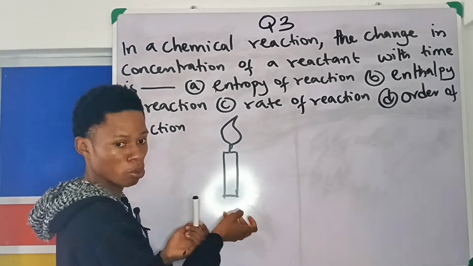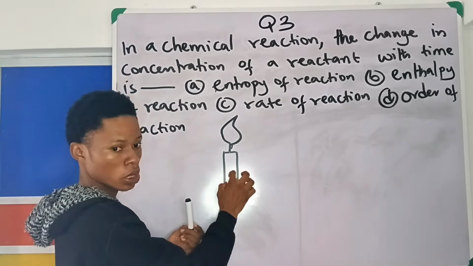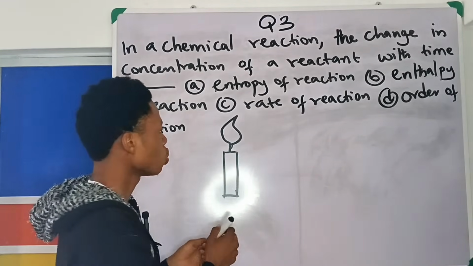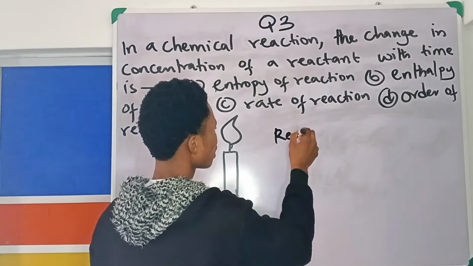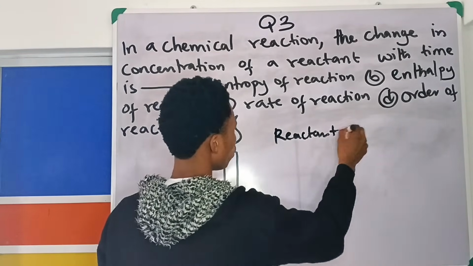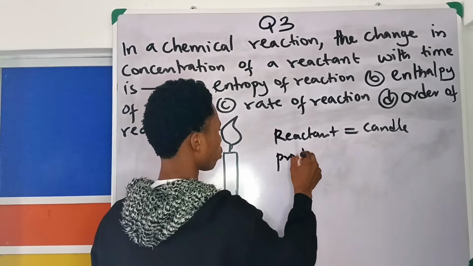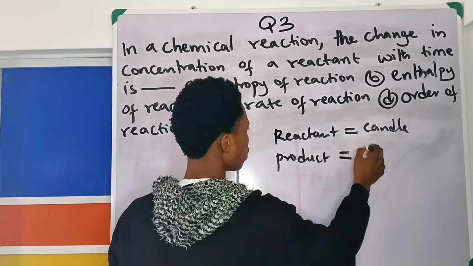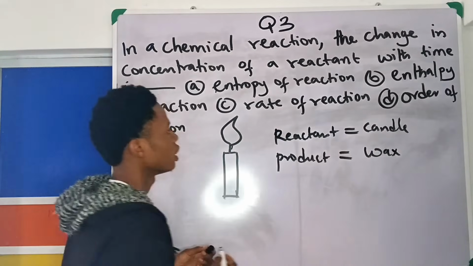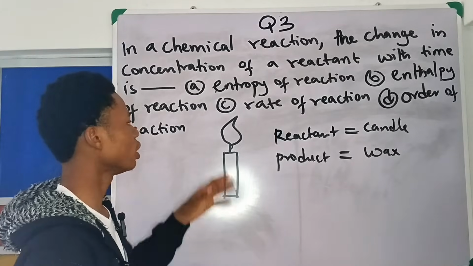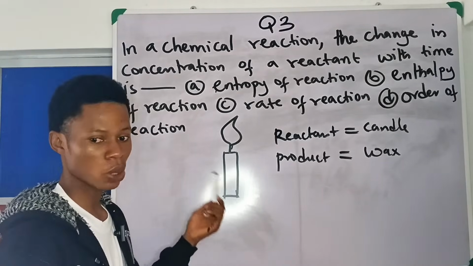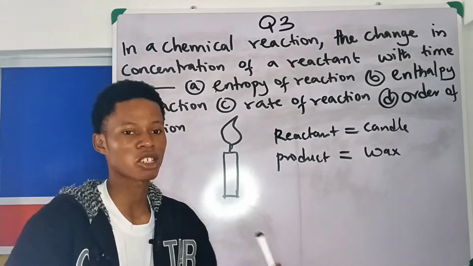While the wax will be forming. So the more the candle is reducing, the more the wax is forming. So the reactant in this case is the candle, while the product formed is the wax.